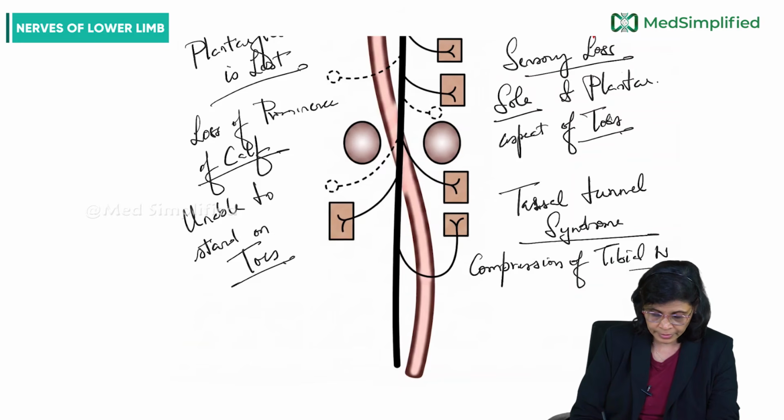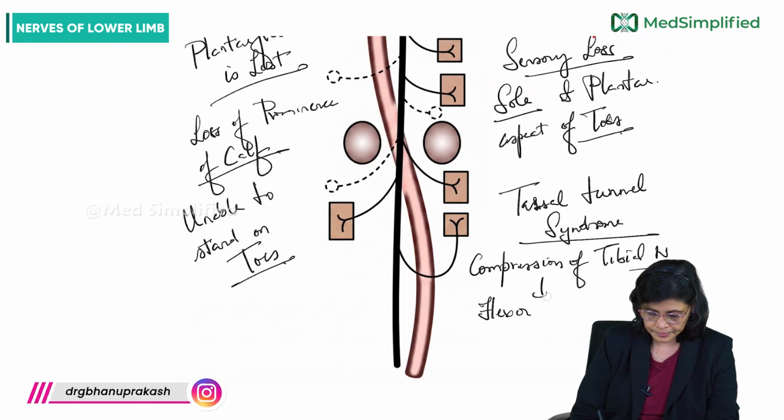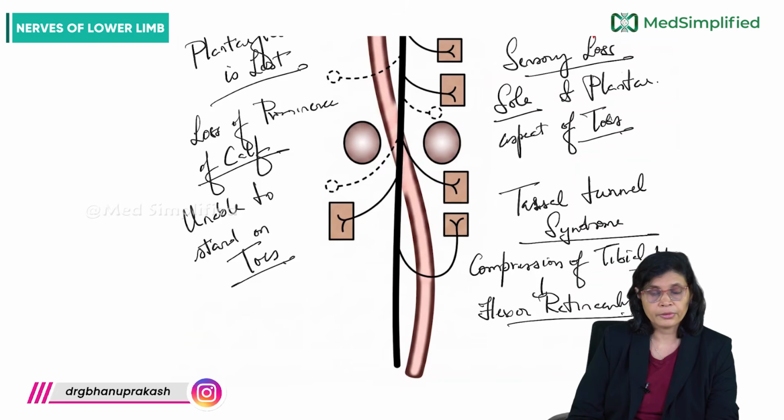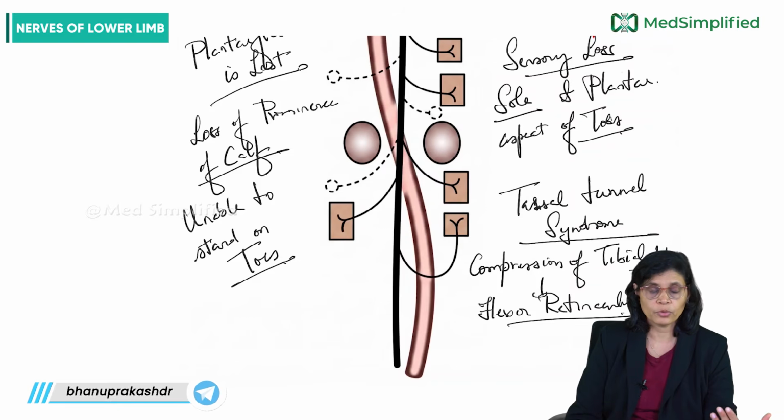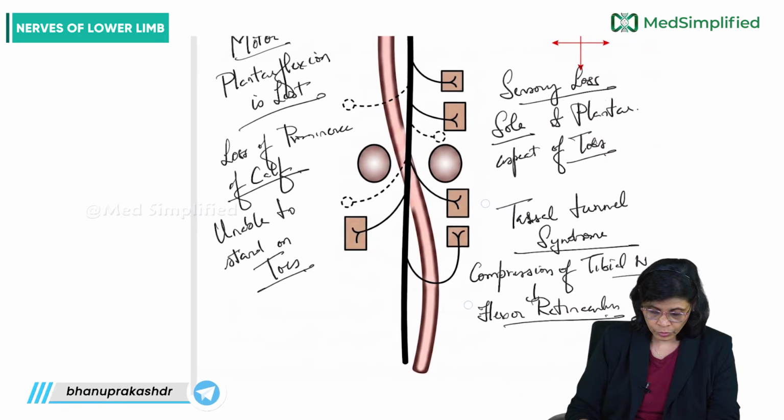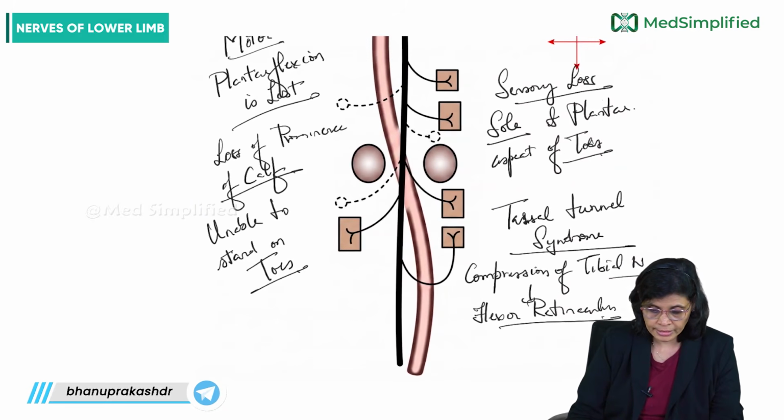Where is this osseofibrous tunnel? It is under the flexor retinaculum. It can be compressed there, which leads to pain and paresthesia of the sole of the foot, and usually the patient feels it more during the night. Then there's one more condition which we call Morton's metatarsalgia.